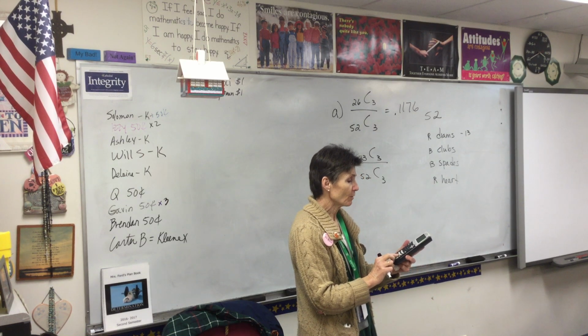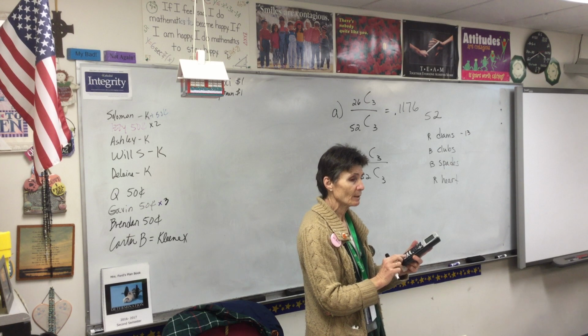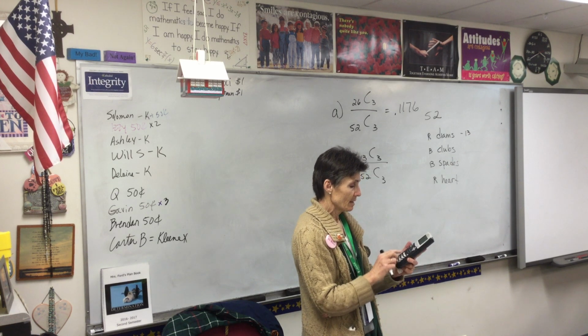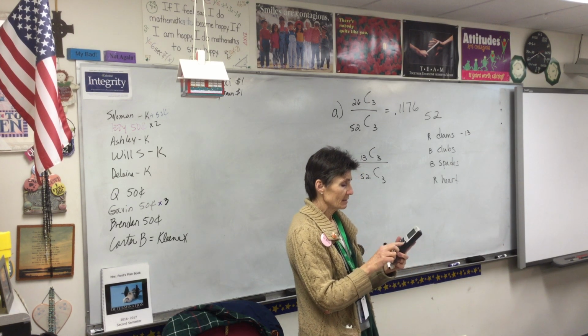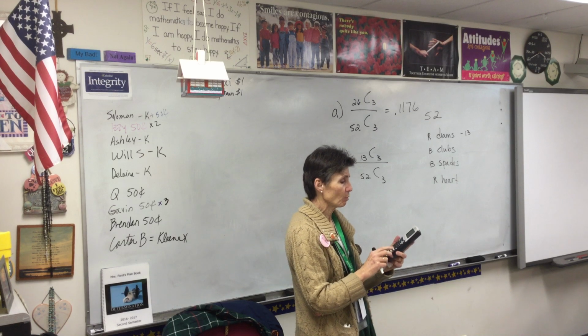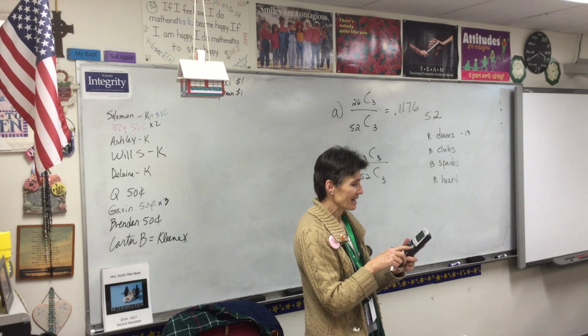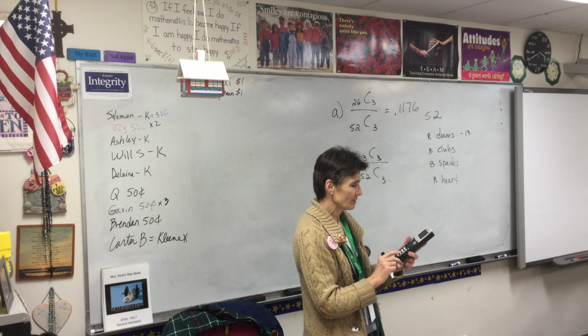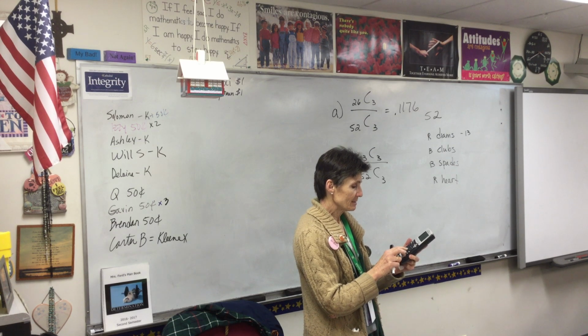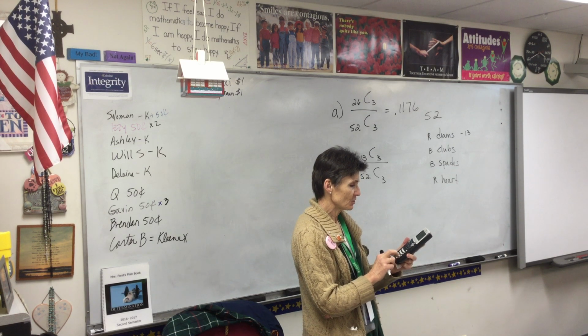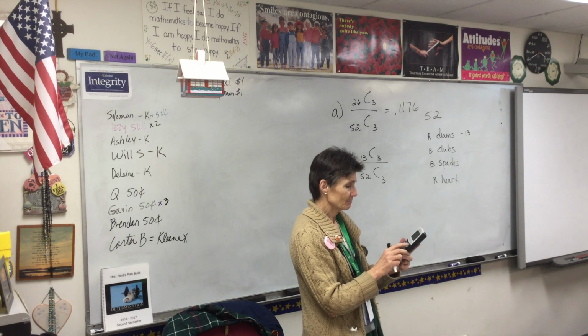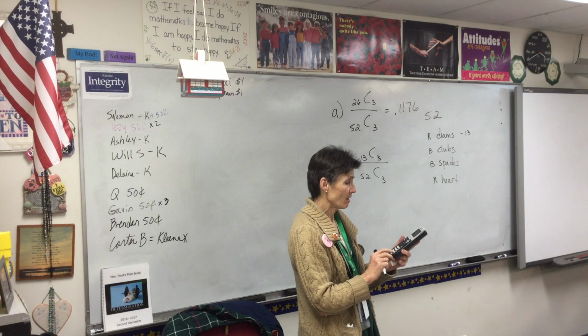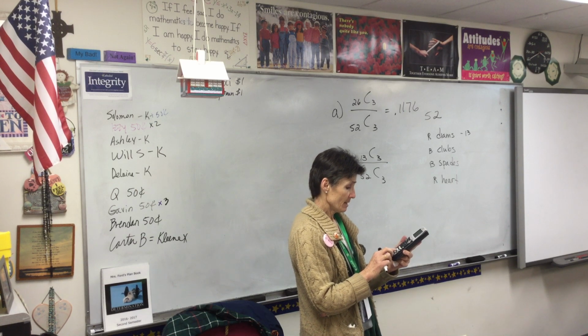So if you're not getting the right answer, press exactly what I tell you. 13. Math. Click across the top to prob, down to NCR, enter 3, divided by 52, math. Click across the top to prob, down to NCR, enter 3.